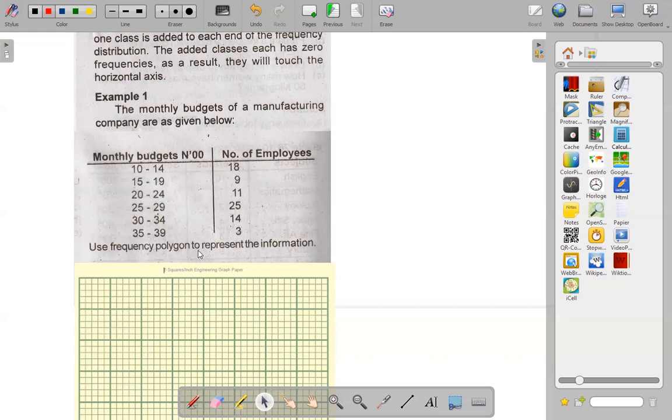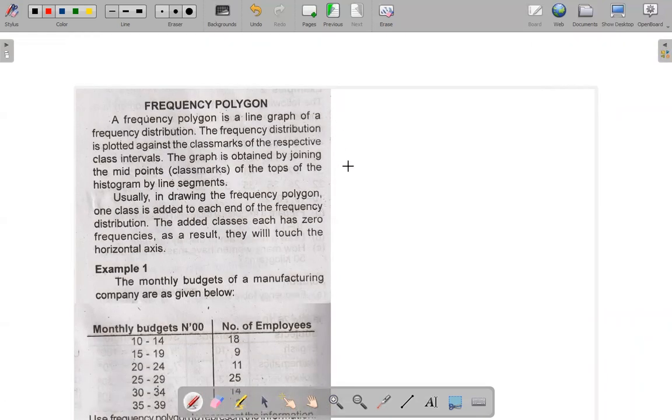Here we need to get our frequency distribution table before we can do that. So in the frequency distribution table, let's have the budget, then the class marks of this budget, because we need these class marks to plot the histogram and the frequency.